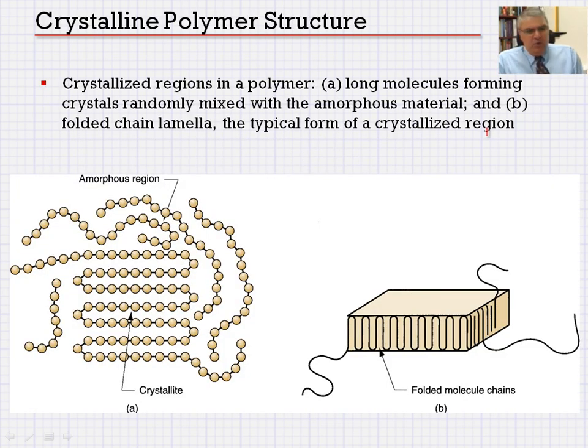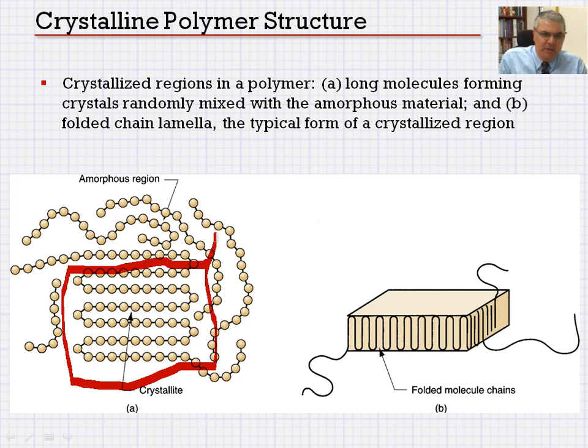How does it look at the molecular level? The folded chain that you see up here, which I'm encircling, is a model of a crystalline polymer, or a crystallized region in a polymer. Again, we have long molecules. That's the characteristic of polymer molecules, and they are randomly mixed.